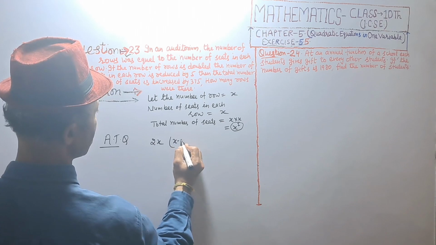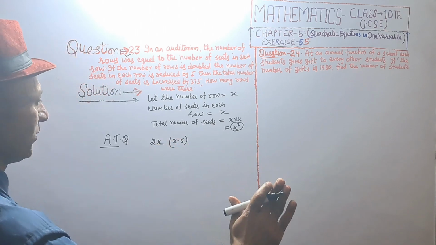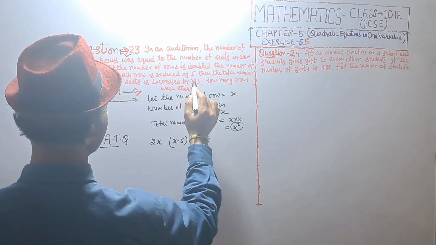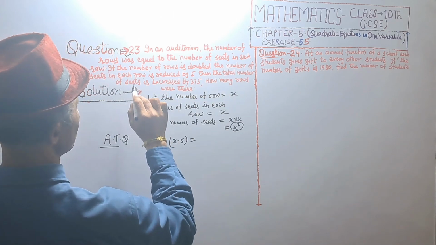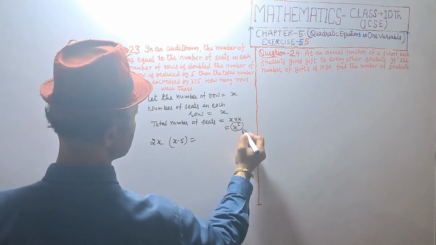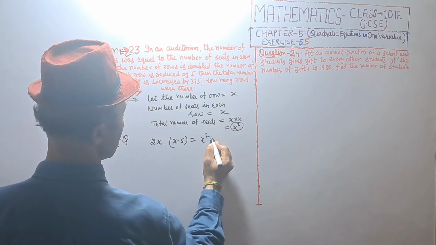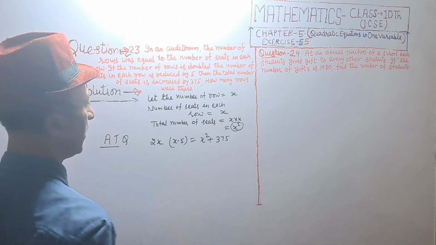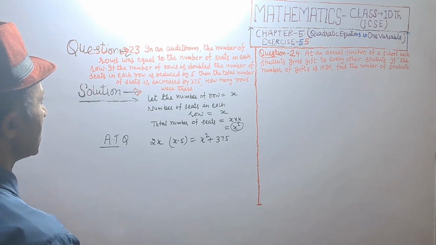Number of seats x minus 5, then the total number of seats, that is x square, is increased by 375.